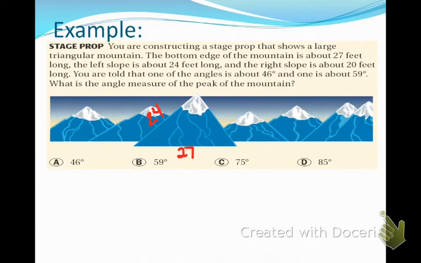And the right slope is 20. You're told that one of the angles is about 46 and one is about 59. We don't know what is what, right? What angle is the measure of the peak of the mountain?